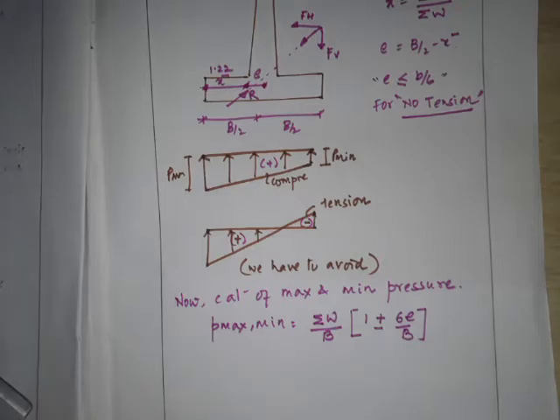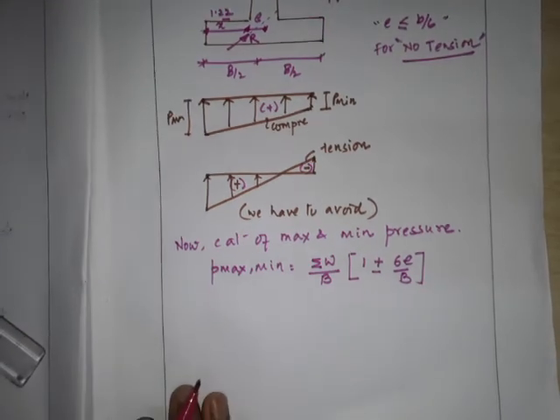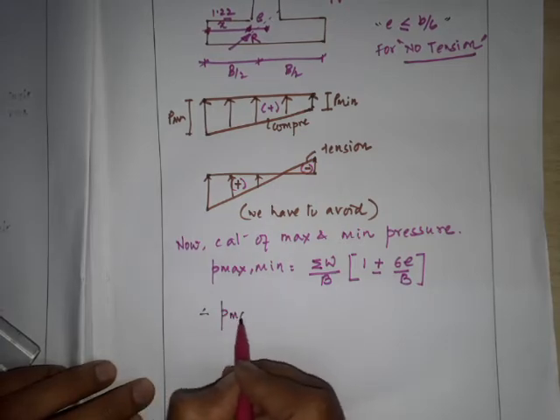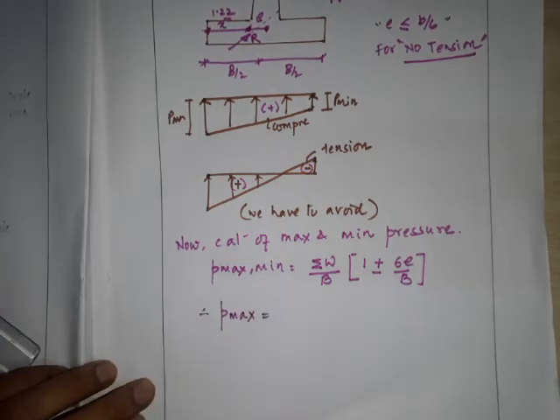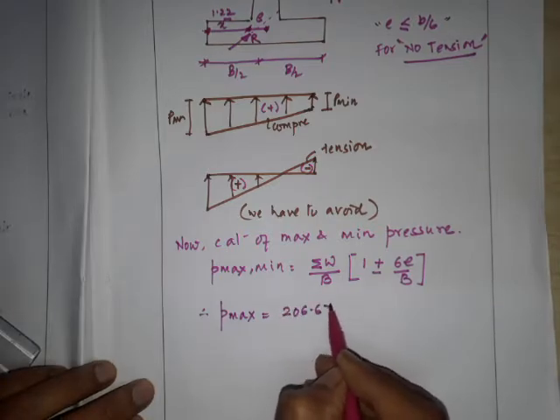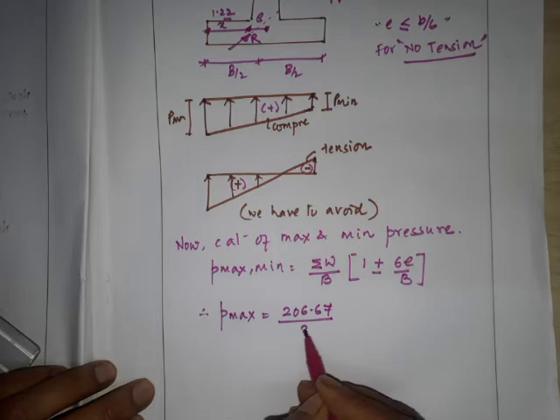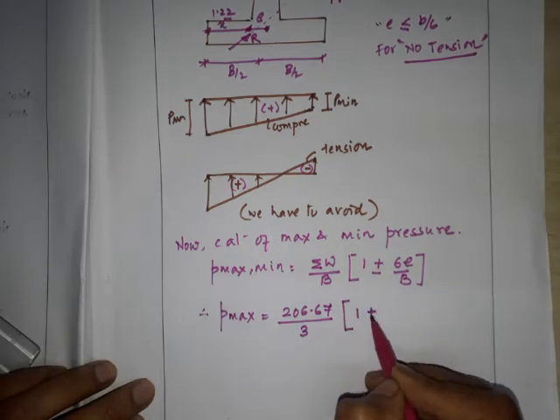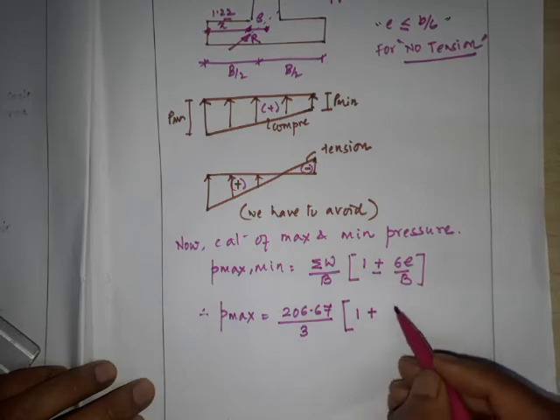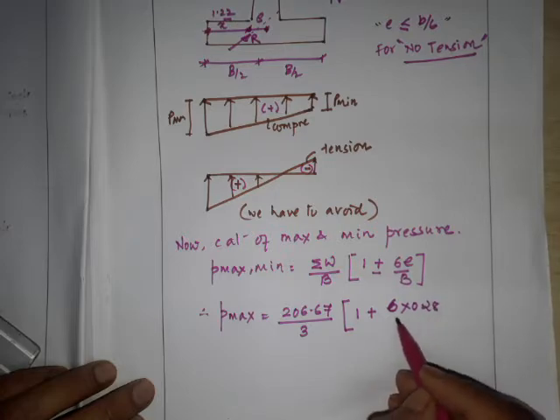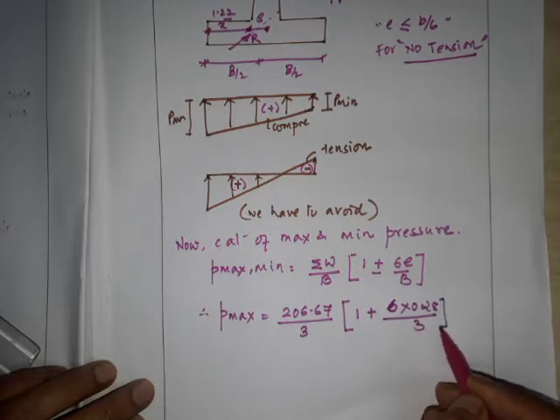So therefore P max is equal to summation of W is 206.67 divided by B is 3 meter into bracket of 1 plus, for maximum you have to use plus 6 into E is 0.28 divided by B is 3 meter.